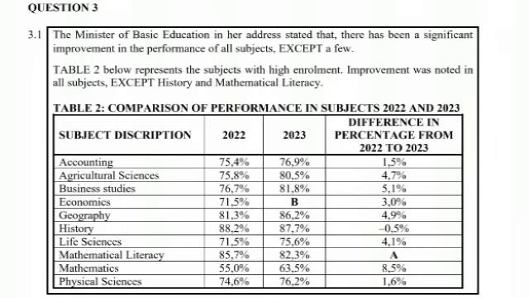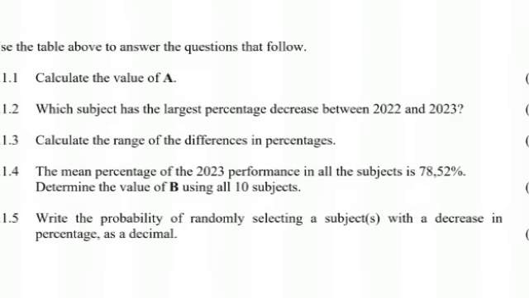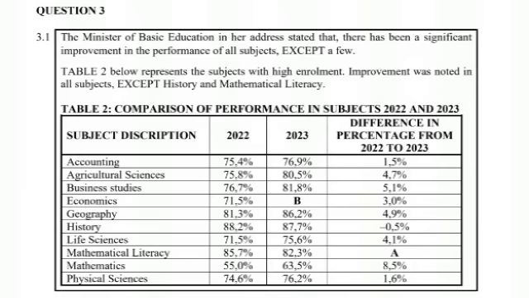We have all the list of subjects except a few things that are missing. A and B are missing. I'm sure there will be a question that wants us to calculate that. As you see in 3.1.1, it says calculate the value of A. So when we go back to our information, we are going to pay attention to what is A and how we can use the information that we have been given to calculate that value. So this is data handling mixed with that 20% level 1.